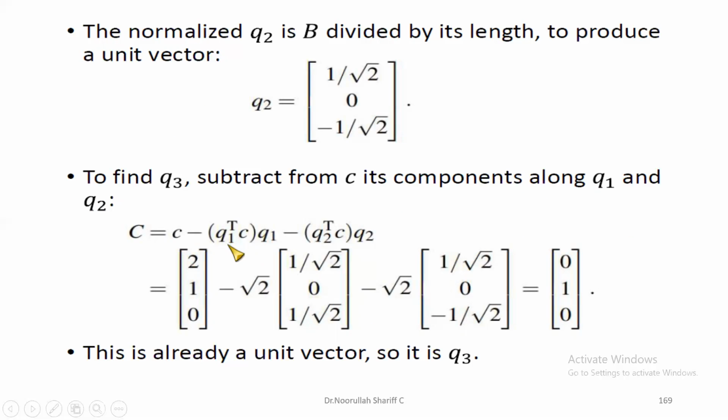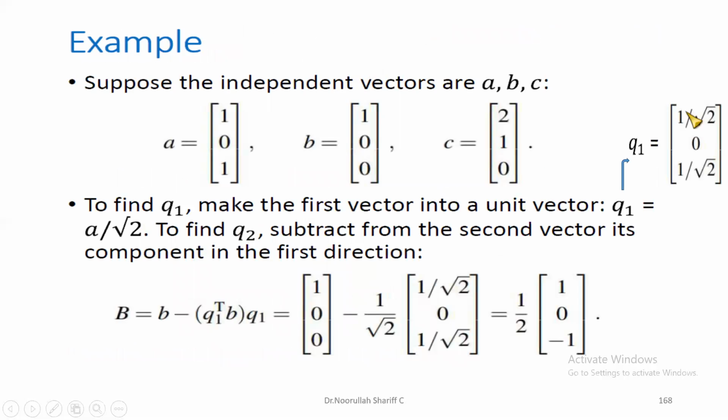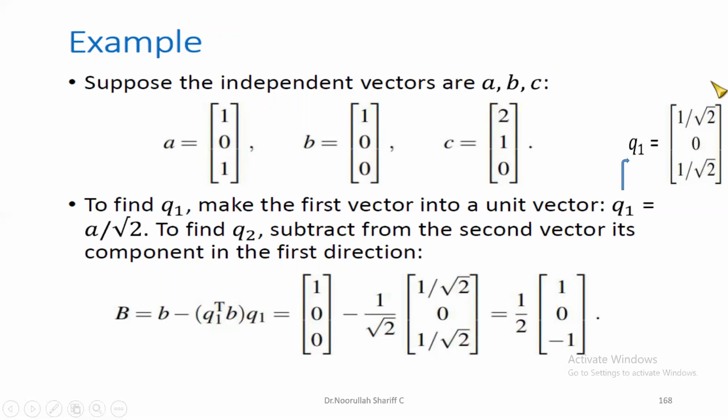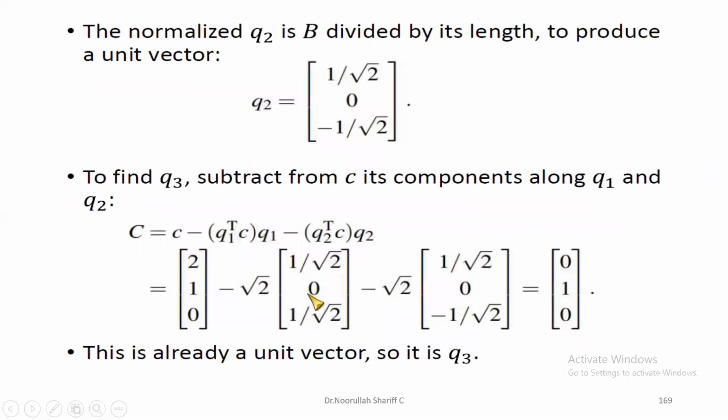And the value of Q1 transpose c will be, Q1 is this, the transpose of this multiplied by c will just give us 1 by root 2 into 2, that is root 2 itself. This into this will be 0, this into this will be 0. So therefore our Q1 transpose c will be equal to root 2, and that is written over here. Then Q1 itself is to be written.